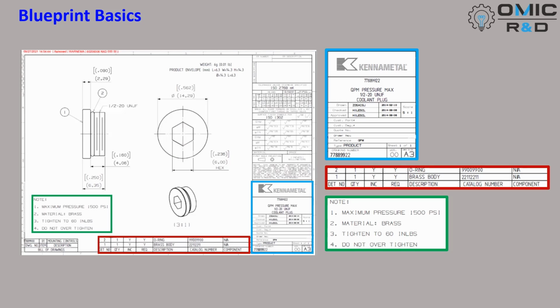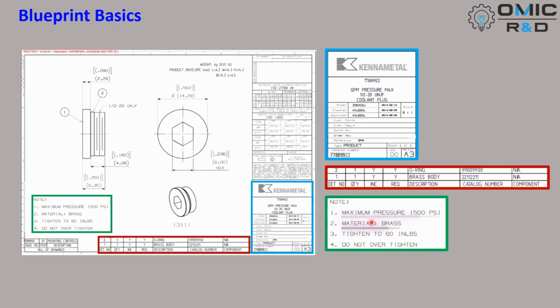Next, we will talk a little bit more about data that the Kennametal company wanted to provide to its customers, and this reflects the correct utility of this component. They provide that on this print by way of notes. They identify that the maximum pressure that this coolant plug can accommodate is about 1,500 psi.